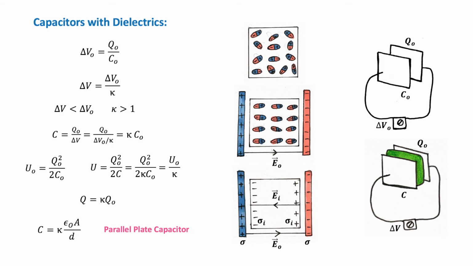There is also the electrolytic capacitor used to store a large amount of charge at low voltages, and it consists of a metal foil in an electrolyte, which is a solution that conducts electricity through the motion of ions in the solution. And when a voltage is applied, a thin layer of metal oxide, which is an insulator, is formed on the foil, which serves as the dielectric that will increase the capacitance.